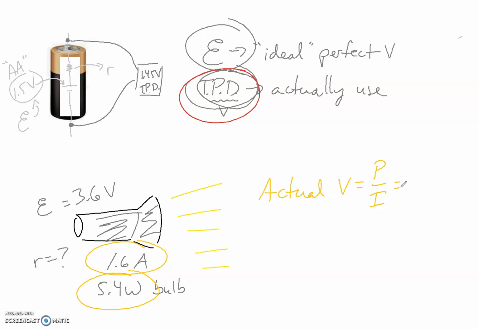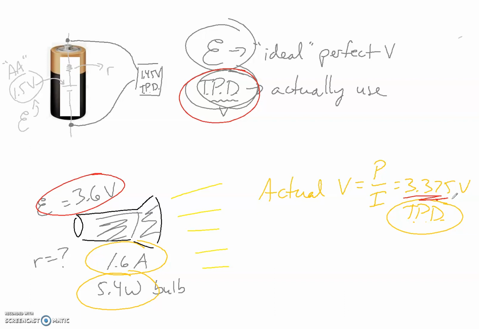If I divide 5.4 watts by 1.6 amps, I get 3.375 volts. So this is the voltage that I'm actually getting to use. This is my TPD, my total potential difference. So I'm supposed to have 3.6, but I'm only getting 3.375 due to internal resistance.